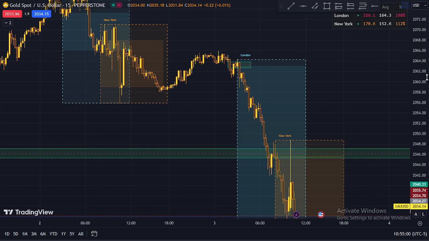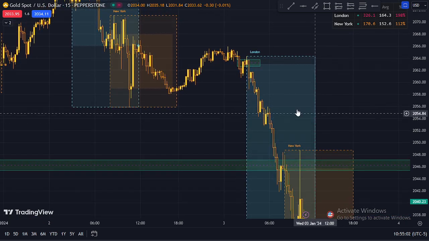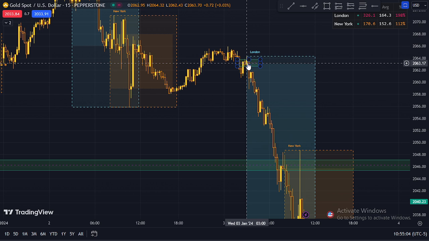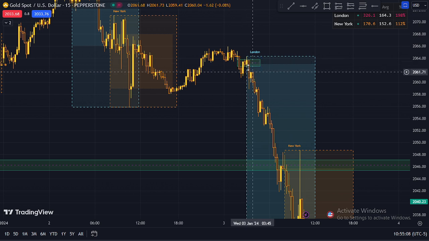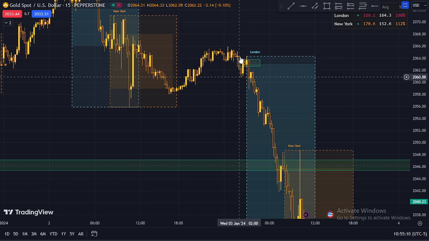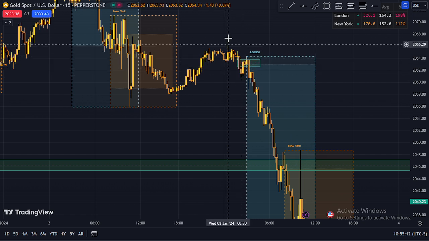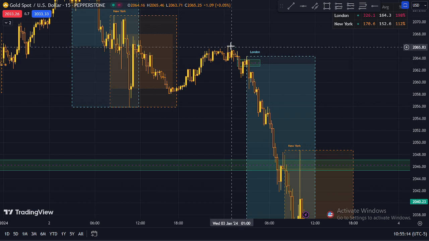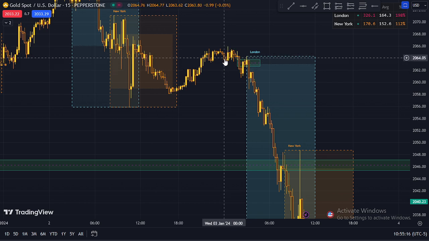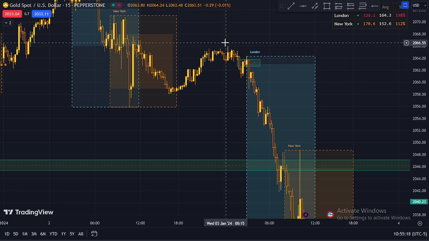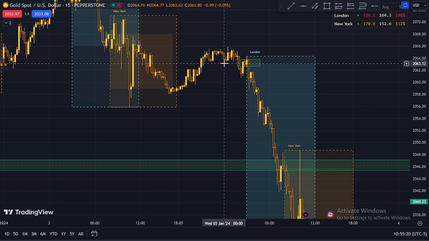Around 2 to 3, which is the ICT London Open kill zone, we had a fair value gap that was created, and also we had this as the midnight candle right there.